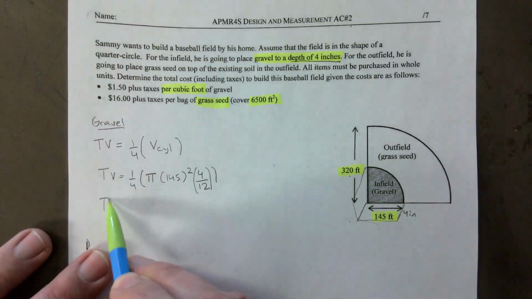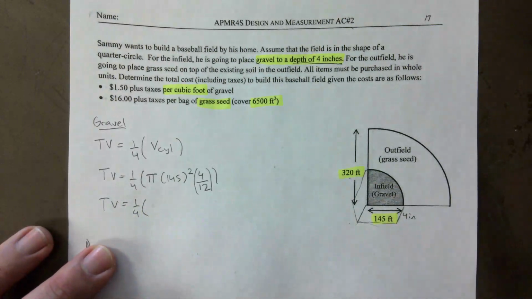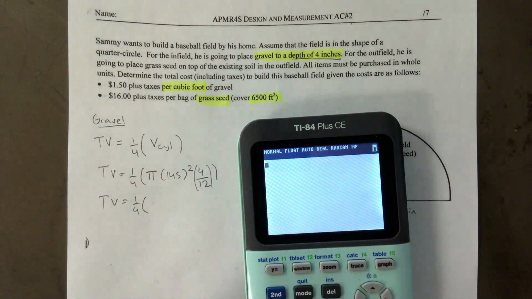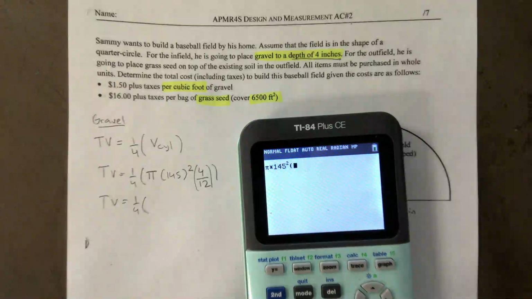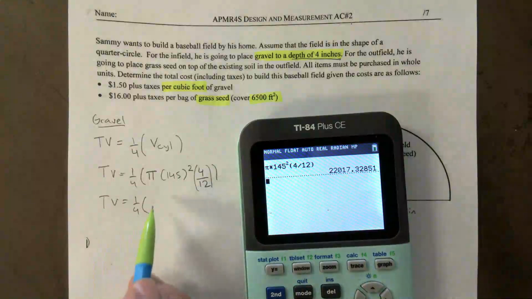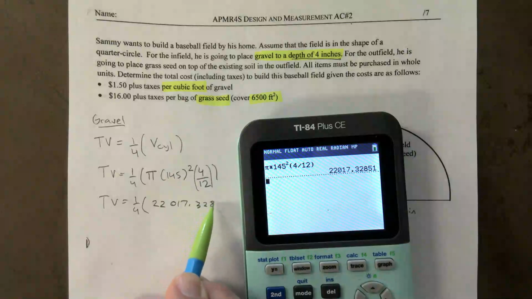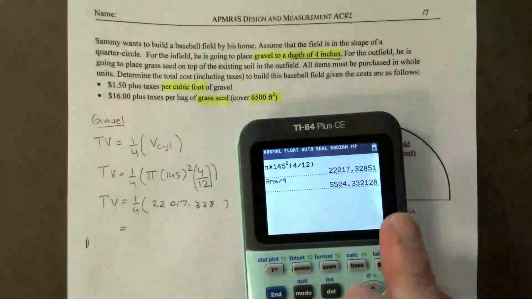So let's see here, total volume is 1/4 of, and I'll break it down because my key is a little different than this. So I go pi times 145 squared, and then you can do it times 4 divided by 12 if you'd like. So that's what I get here. 328 and something, and I go divide it by 4 basically, right?